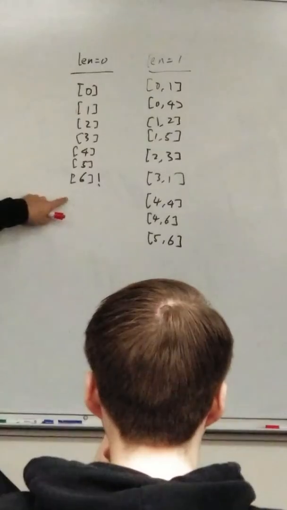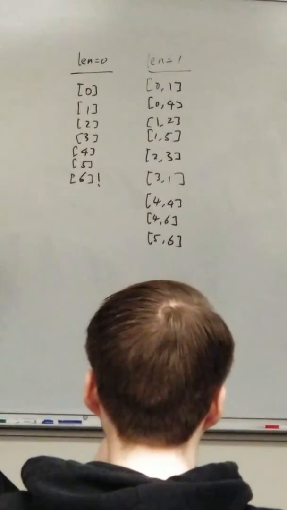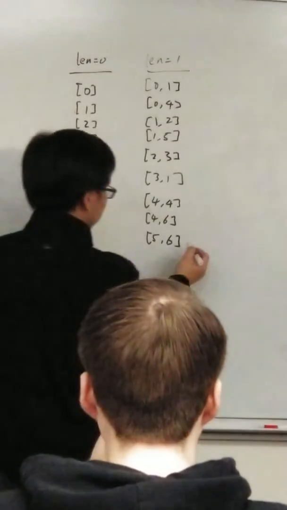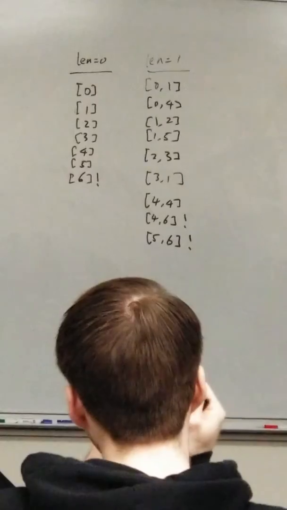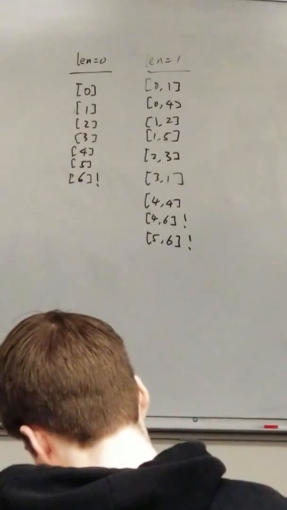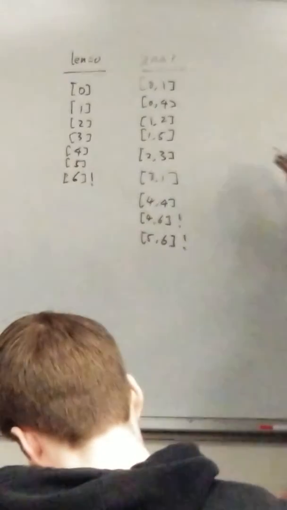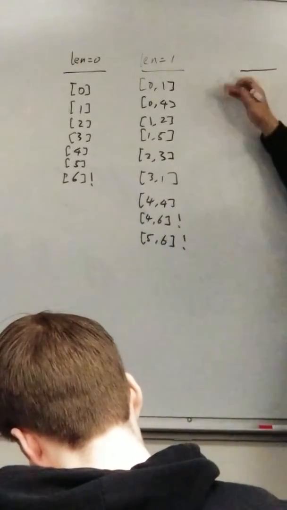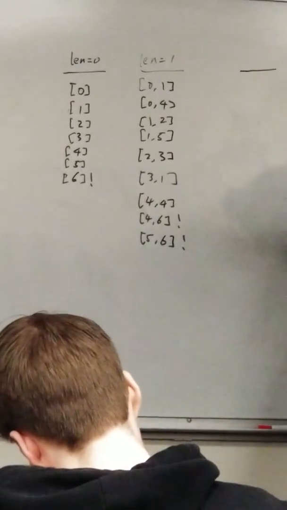Like over here, because 6 has no outgoing edge, you cannot extend. To extend, you have to have an outgoing edge. So I'm going to do this for this one, then this one as well, because 6 has no outgoing edge, you cannot add any new nodes after 6. I hope this is pretty straightforward. Basically, you have all the edges here, right?